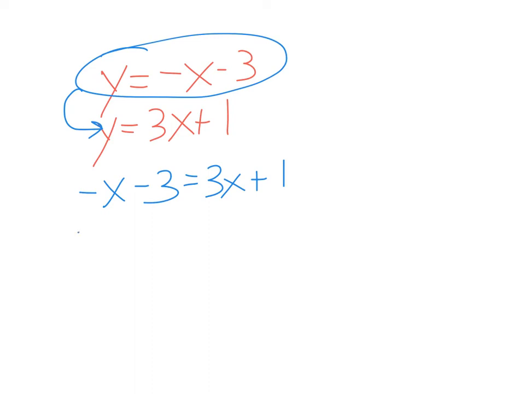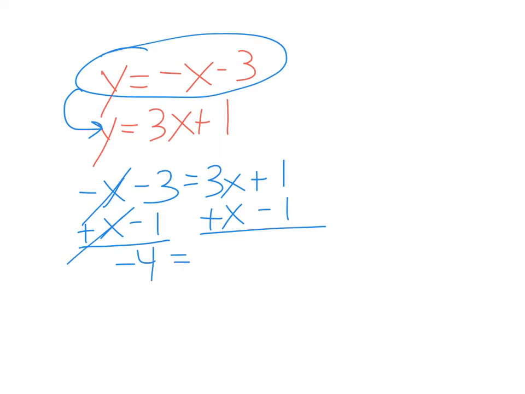I think if I add an x to both sides, and I'll subtract 1 from both sides, those cancel. That's negative 4. This is 4x, and those cancel out. So I get negative 4 equals 4x. Divide both sides by 4, and I get x equals negative 1.